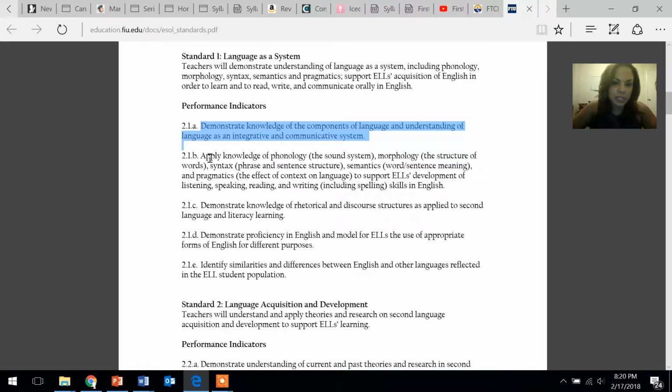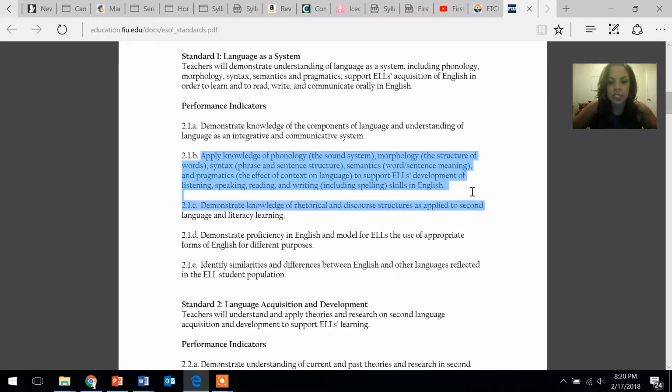An easier example would be apply knowledge of phonology, morphology, semantics, pragmatics. If you're working with the student on short vowel sounds, long vowel sounds, you're addressing phonology. Or if you're teaching them how suffixes work in a sentence, or how to change the word, that's morphology.